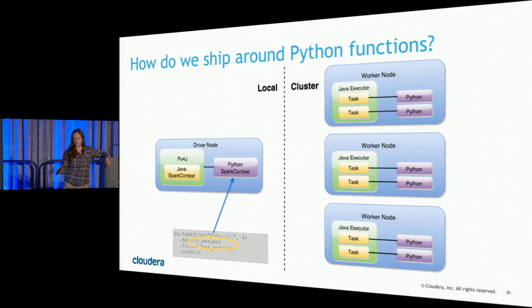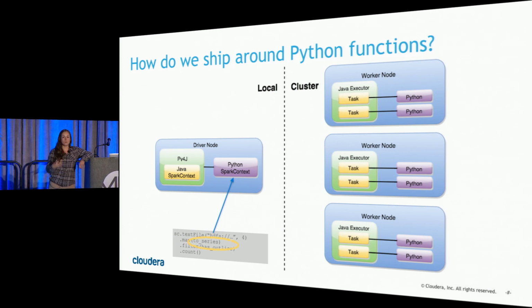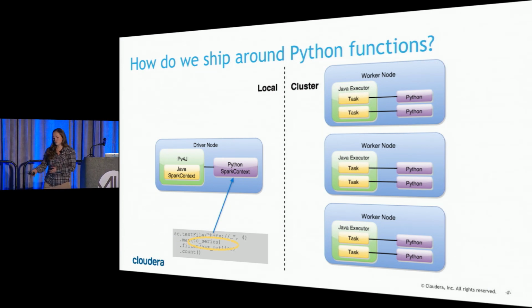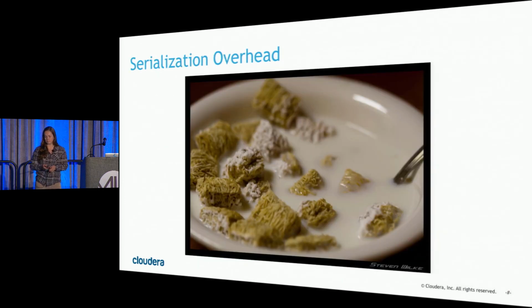There's serialization overhead on the human side, where the functions you write, toSeries and hasOutlier, need to be able to be serialized by the pickling library, but also the overhead of serializing Python objects into bytes, handing those off to the JVM, handing whatever new bytes come back to the Python. It's quite a bit of translation and overhead, and it makes PySpark run quite a bit slower.